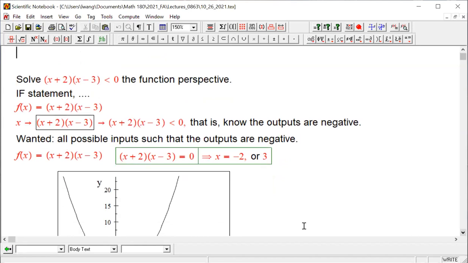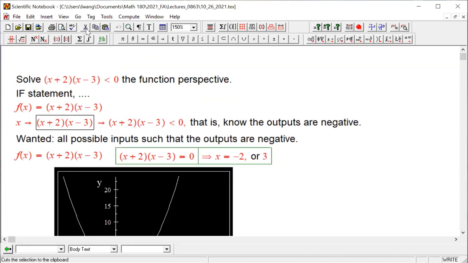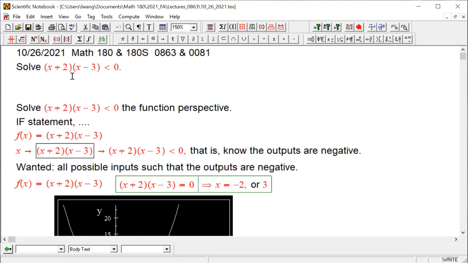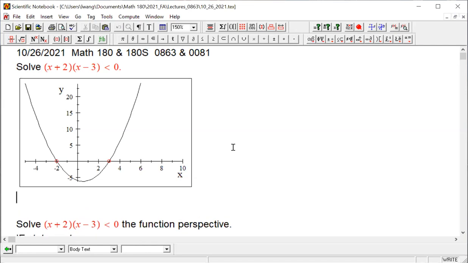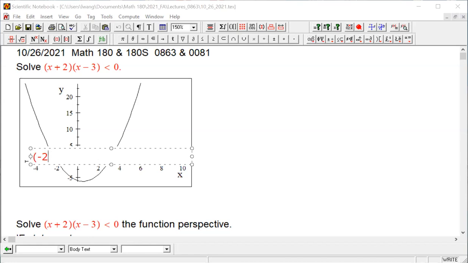There's a lot of visual in this case. You can draw the picture, and then you mark the points. You mark these 2 points. This point is -2, 0, and the other point is +3, 0, right?